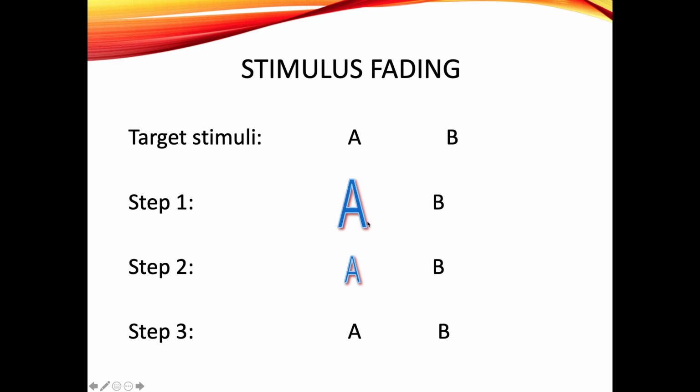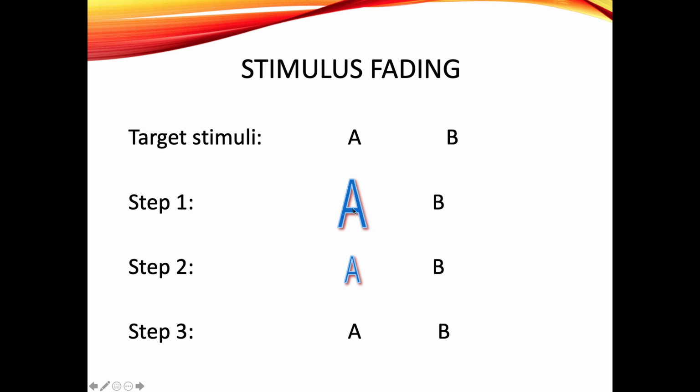So one thing we could do is enhance the features of the letter A, right? And what we're doing there is increasing the discrepancy between the two stimuli in the target, right? So the letter A and B now are very discrepant because B is standard font. It's black and it's typical size, whatever the target size of our teaching stimuli is set for.